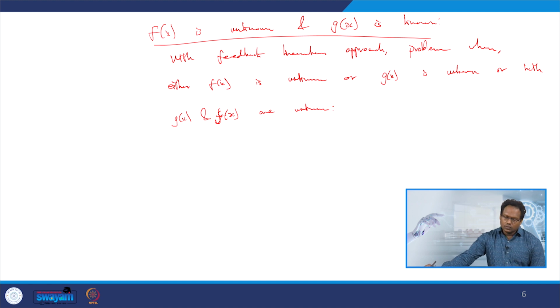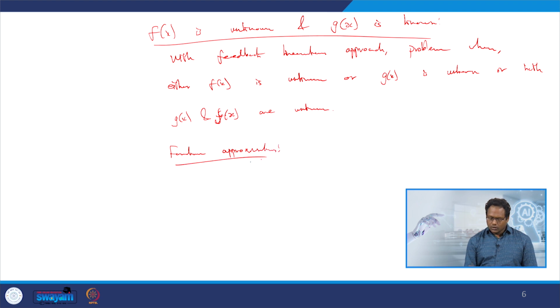So, we go for the function approximators to estimate the unknown functions f hat or g hat by neural networks approach or fuzzy systems.